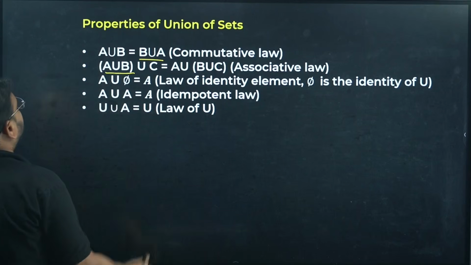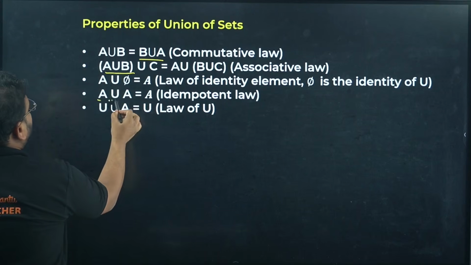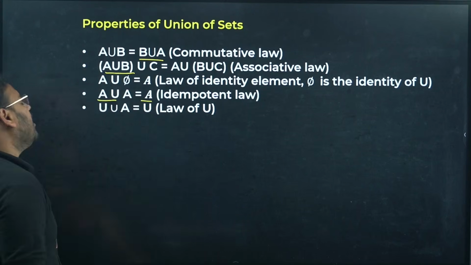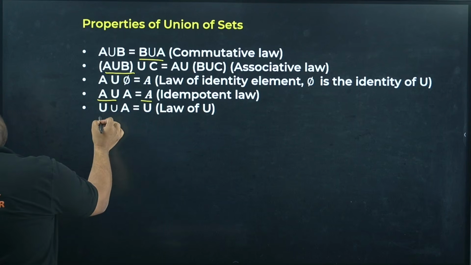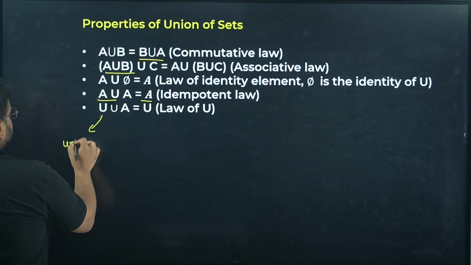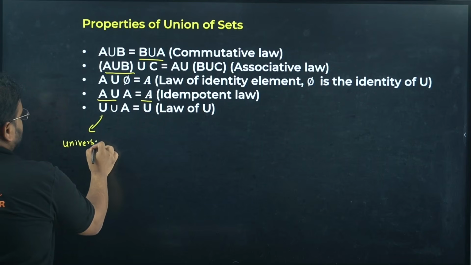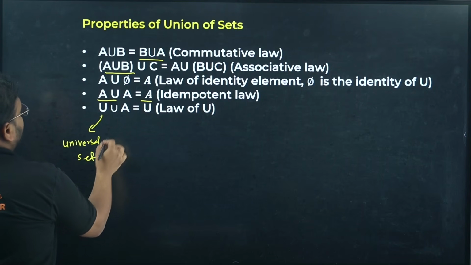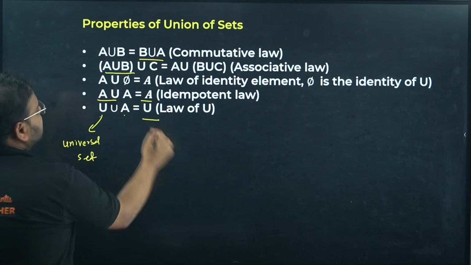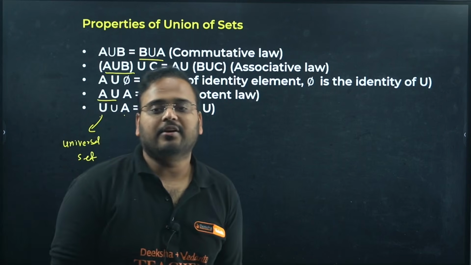Check here. And what is this? A union A will be A itself. This is the idempotent law. And union of the universal set with the set A is always the universal set. This is the law of the universal set.